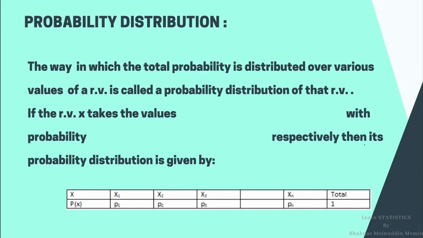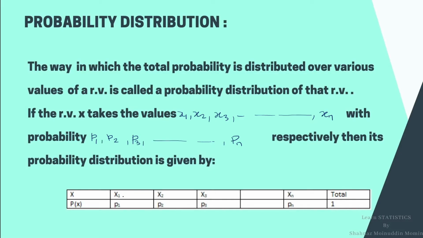If the random variable x takes the values, say x1, x2, x3 up to xn with probability say p1, p2, p3, pn respectively, then its probability distribution is given in the form of a table.